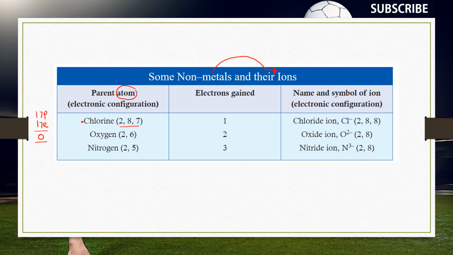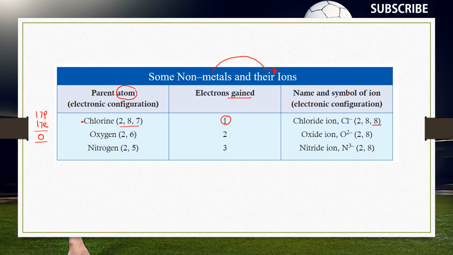However, whenever an ion is being formed, nonmetals will have to gain some electrons. In this case, to gain a stable electronic structure, it will have to gain 1 electron, and it will form 2-8-8, an increase in the number of electrons.